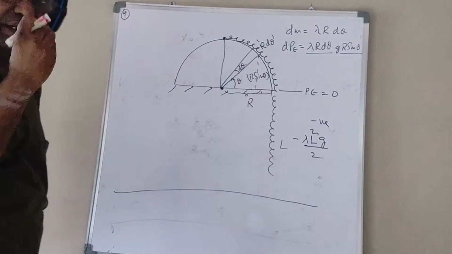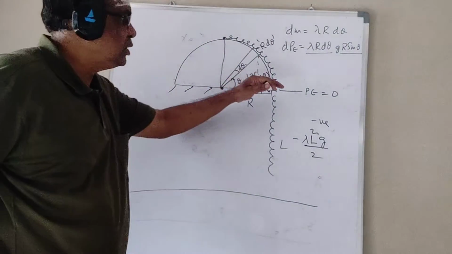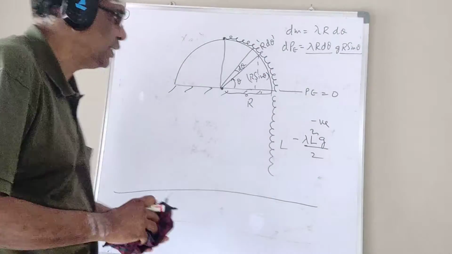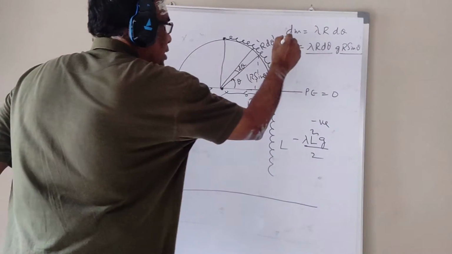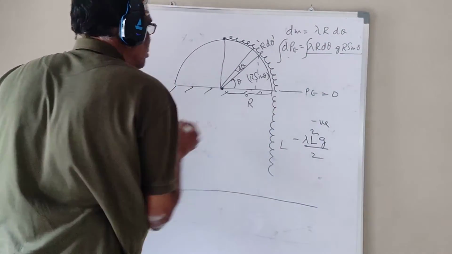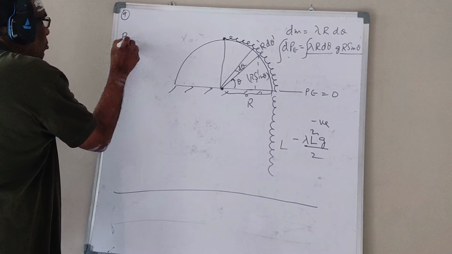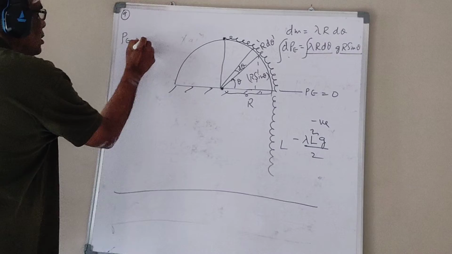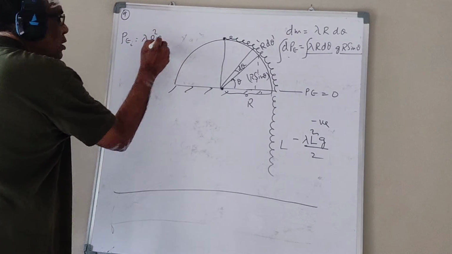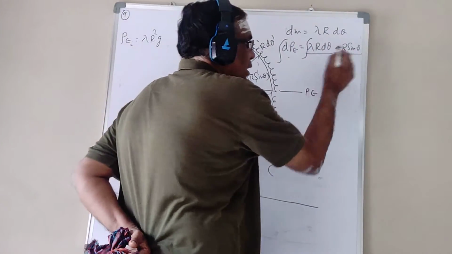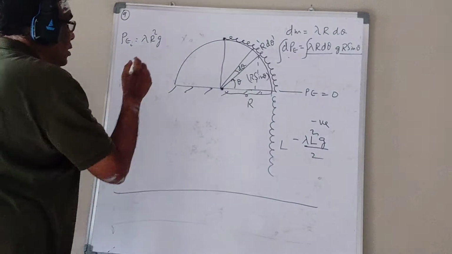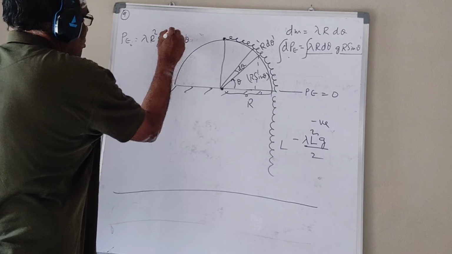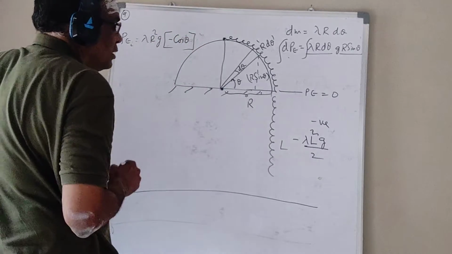Now that is very, very important for you. I took 0 here, therefore above is positive, below is negative, and then if I integrate this, what am I getting? Potential energy initial, lambda r square g is common. Then you have integral sine theta d theta. This is important. Integral sine theta is minus cos theta.